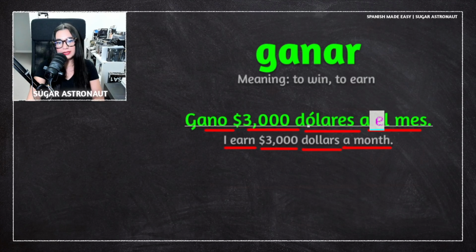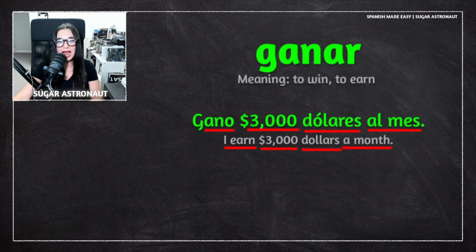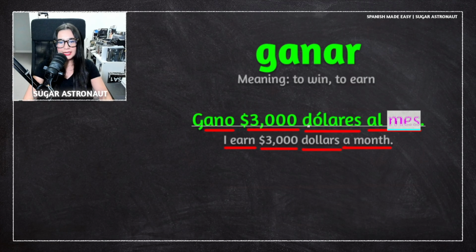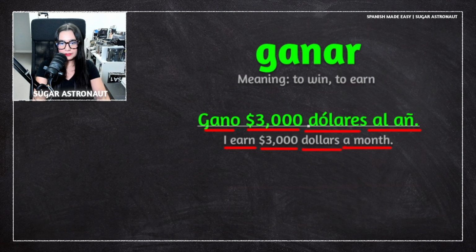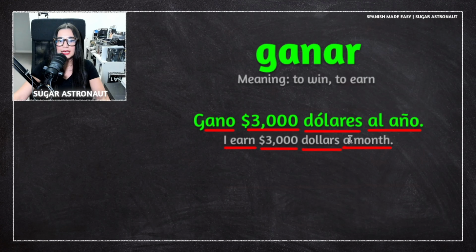When that happens, it becomes al mes, okay? Al mes, al año, a la semana. Well, that's different when you say month, year, or week. Al mes means a month. You can say al año, of course, and that means a year or per year, okay?